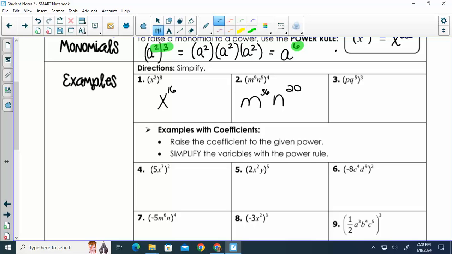That p, if there's no exponent written, what do we put? So then this would become p to the 4th and q to the 15 because we have to multiply. All right. Any questions there?